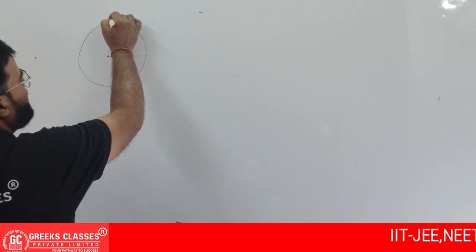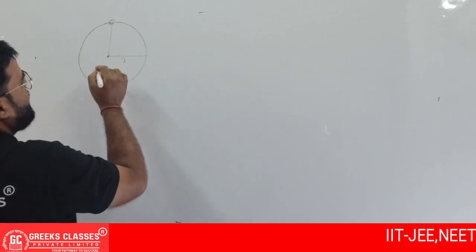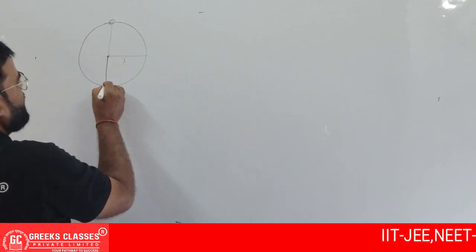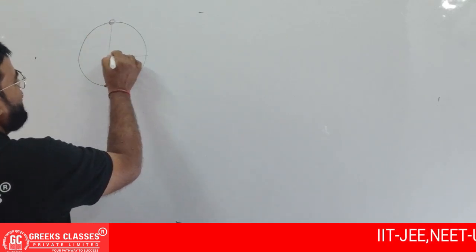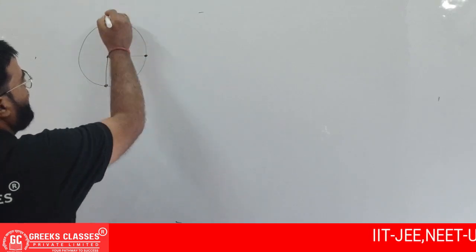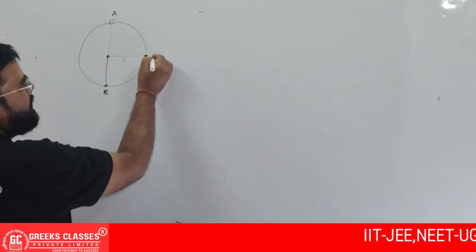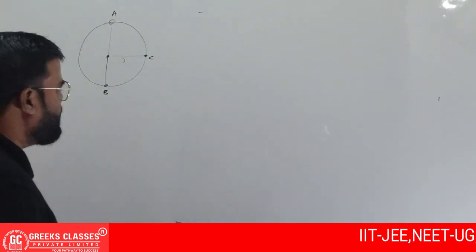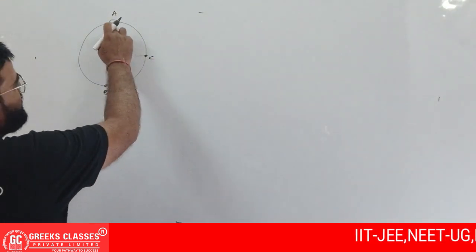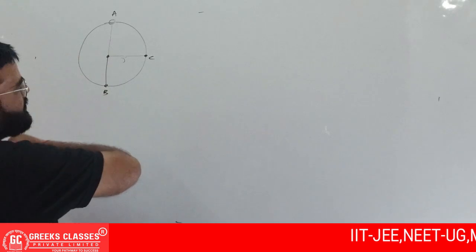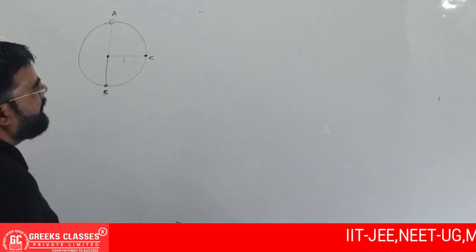Here is the top position of the object, this one is the bottom point and this one is the midpoint, right? A, B and C. So A is the top point, B is the bottom point and C is the midpoint.